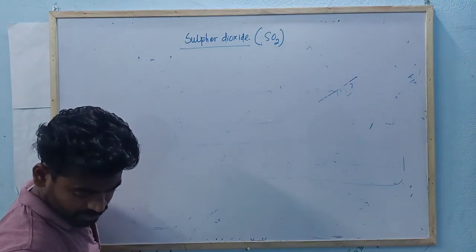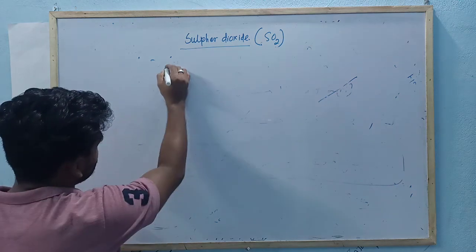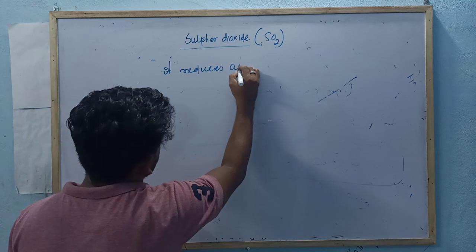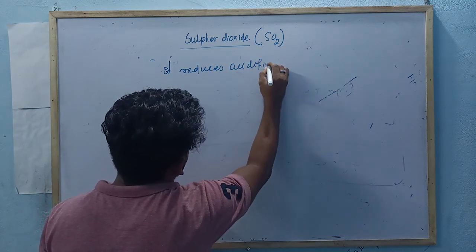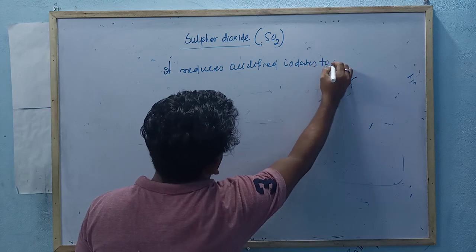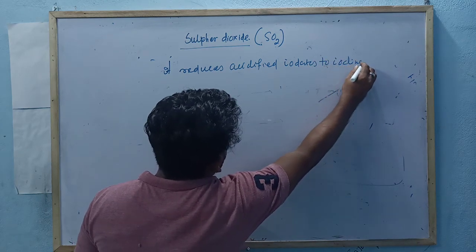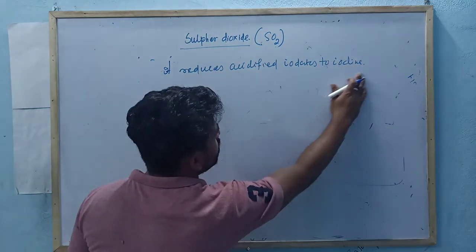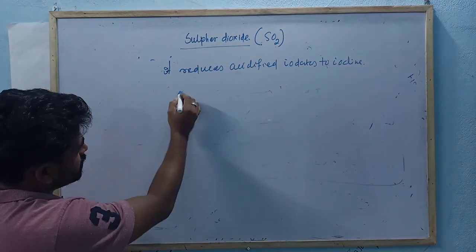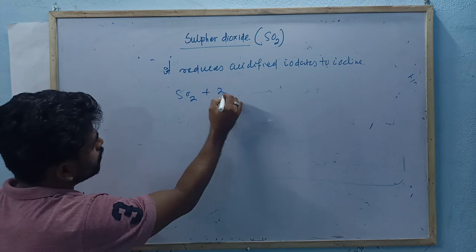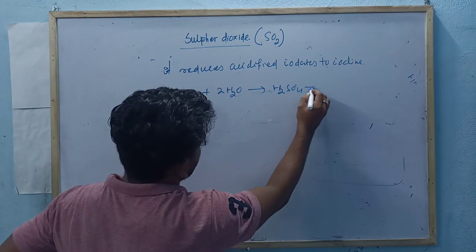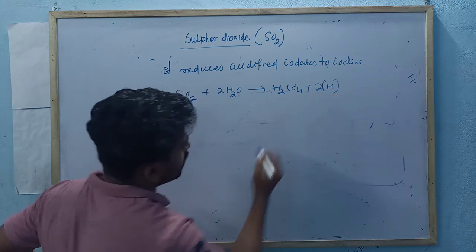Okay, it reduces acidified iodates to iodine. Okay, so write down the first equation, SO2 plus 2H2O giving rise to H2SO4 plus 2 nascent hydrogen.